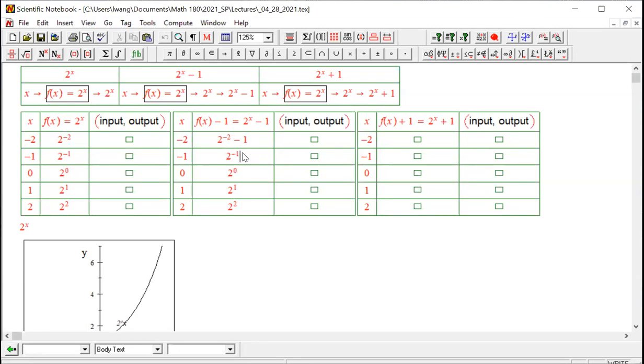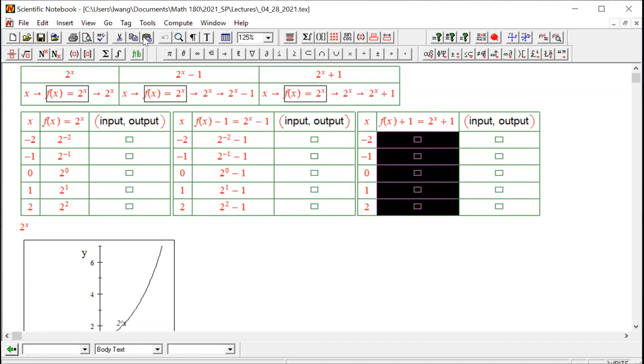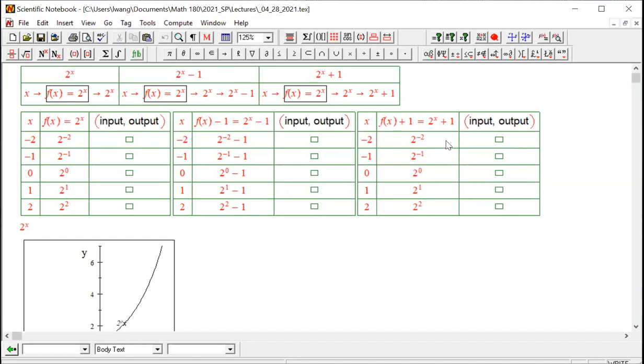Minus 1, minus 1, minus 1, minus 1, minus 1. All of these are coming here. So you see clearly they're adding or subtracting 1 on the input or output. In this case, it's on the output.